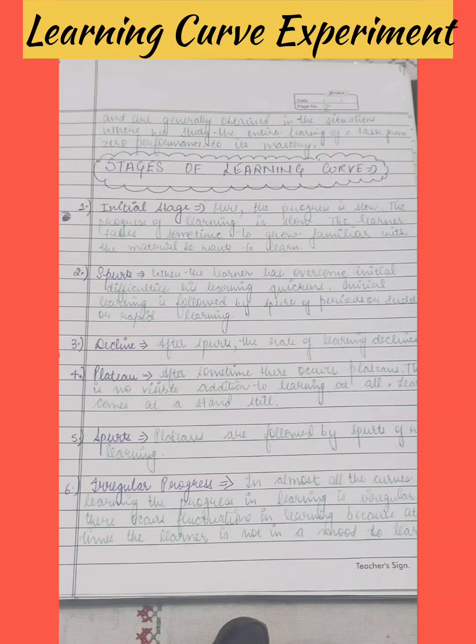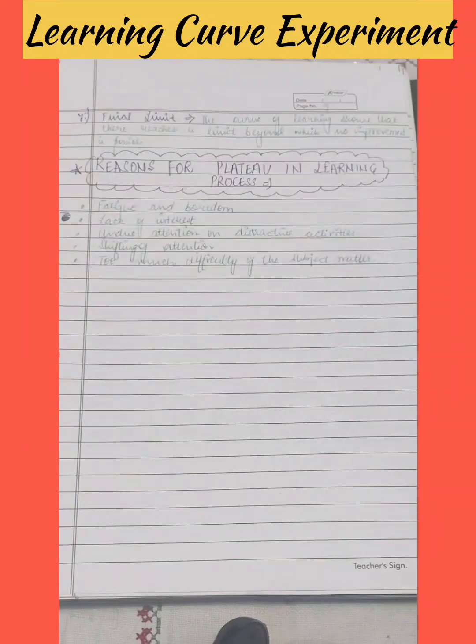Then there is decline. After spurts, there is a decline in learning. Then plateau. After some time plateaus occur. There is no visible addition to the learning and it comes to a standstill. Then again spurts will occur and then there will be irregular progress, and then the learning reaches the final limit.